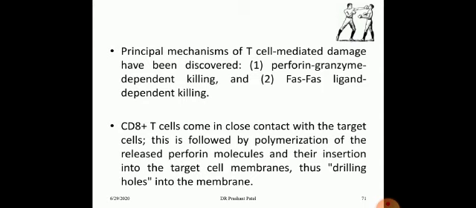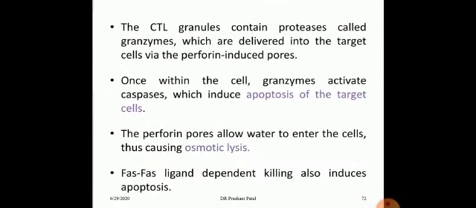CD8 plus T cells come in close contact with target cells, which is followed by polymerization of the released perforin molecules and their insertion into the target membrane. Thus holes are drilled into the membrane. The cytotoxic T lymphocyte granules contain proteases called granzymes which are delivered into target cells via perforin induced pores.